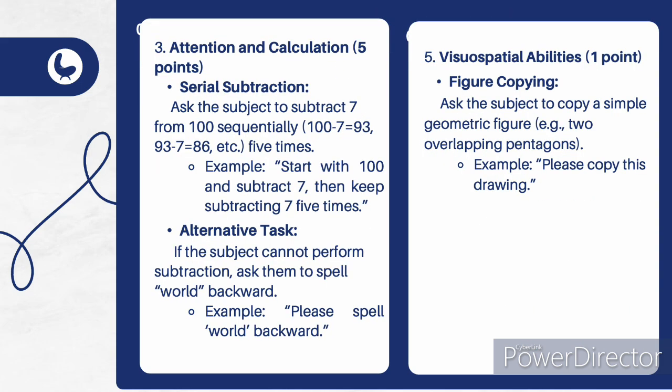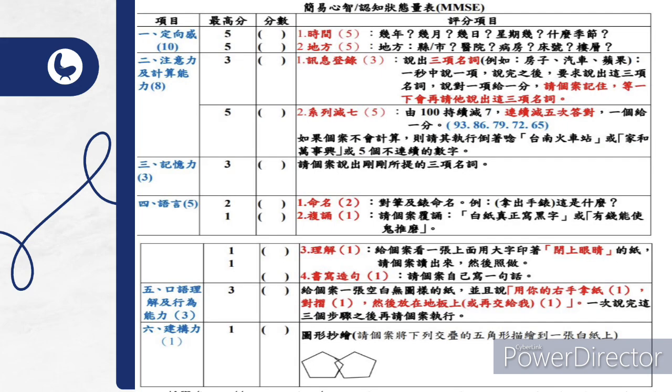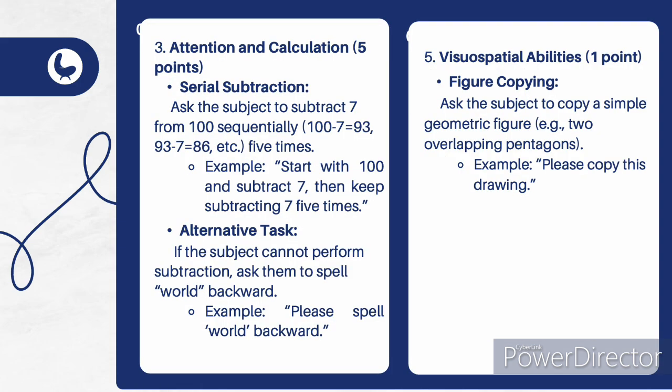3. Attention and calculation. Subjects perform serial subtraction, such as subtracting 7 from 100 five times. If they cannot do this, they are asked to spell a word, such as world, backwards. Because of the briefing layout, I will start with item 5, which requires the subject to copy a simple geometric shape, such as 2 overlapping pentagons.